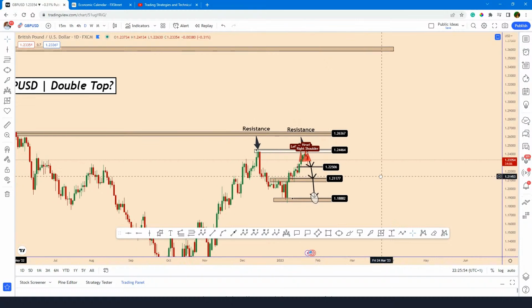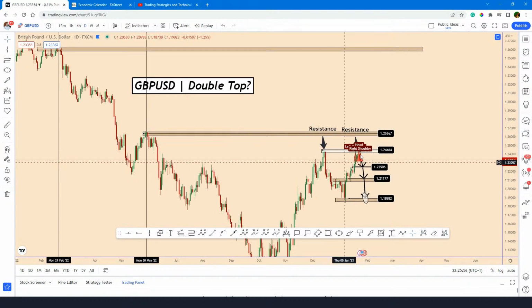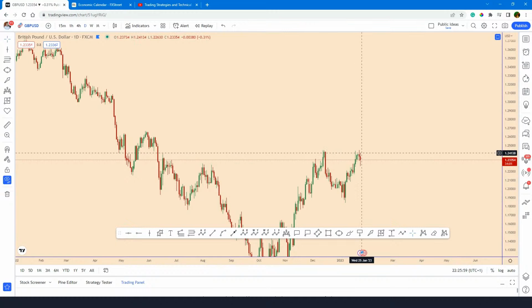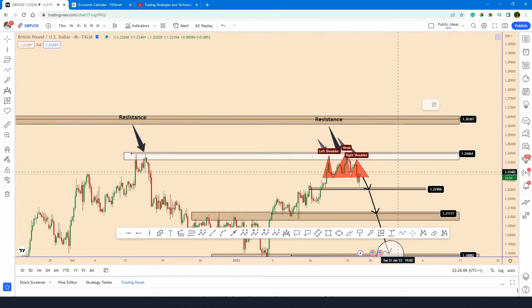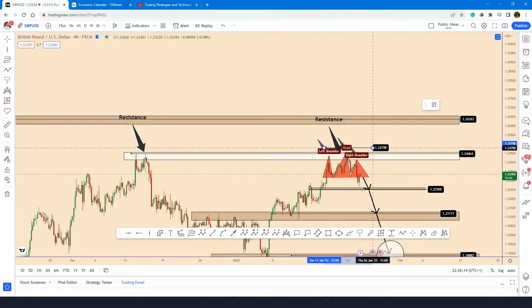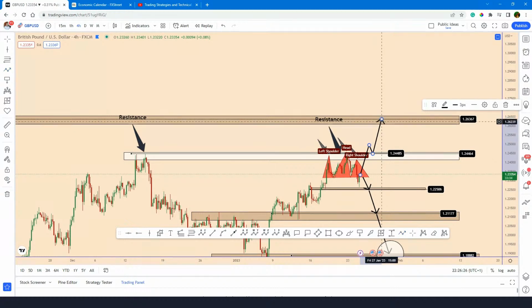On the higher time frame, I don't see anything at all for the moment. Also, where the price is right now is a strong and critical area. If we are going to sell at this moment, because we have sellers, it is a must that the price stays above this point, above 1.24, because if we see the price bounce, then the next zone will be 1.26.